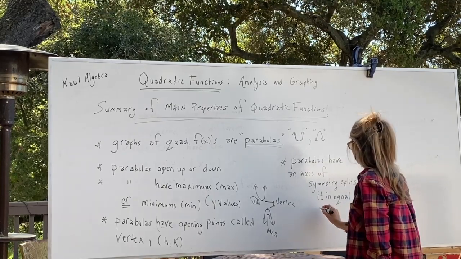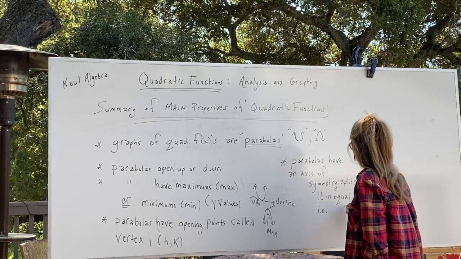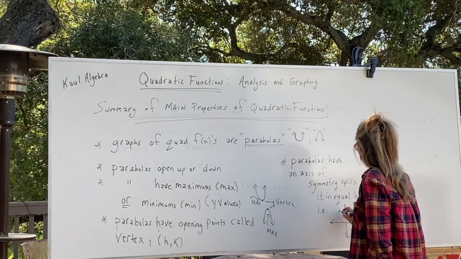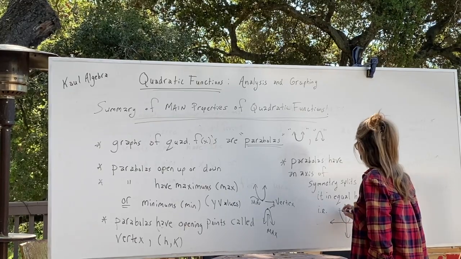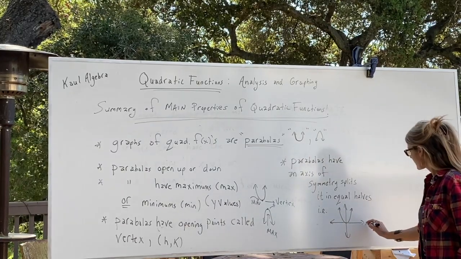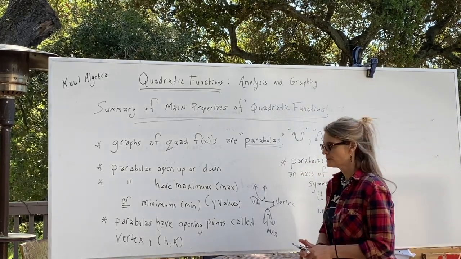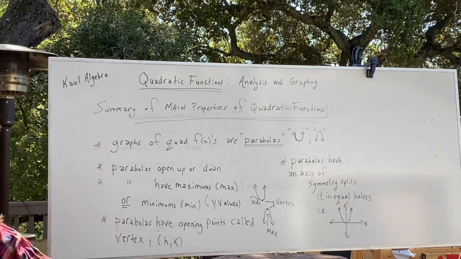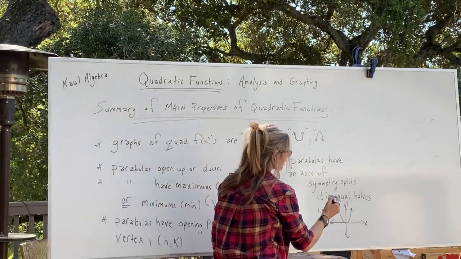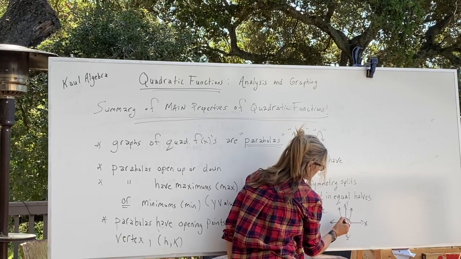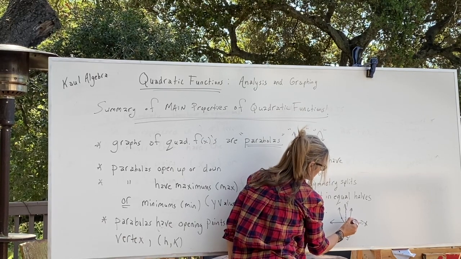So, for instance, you could have a parabola like this. Okay, here's my x-axis, here's my y-axis, and what I would do is I would show that this parabola is split right down the center in half. So if I have a point on this side, I'll have a point on this side.